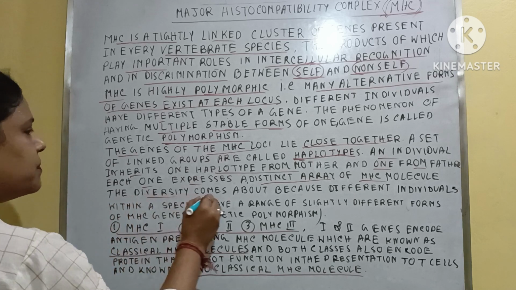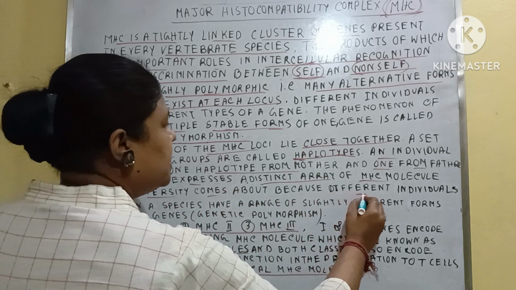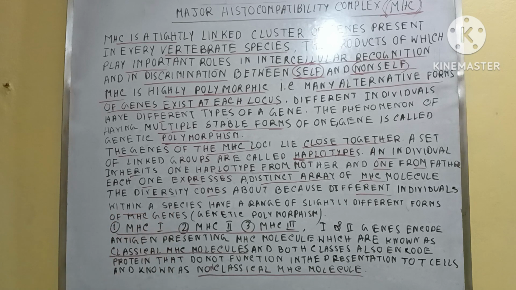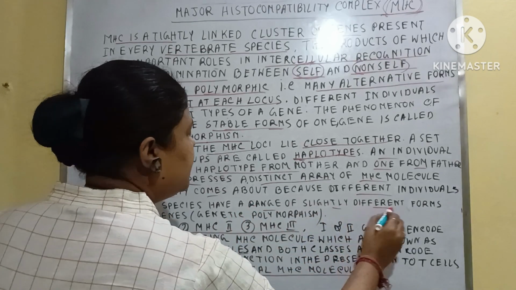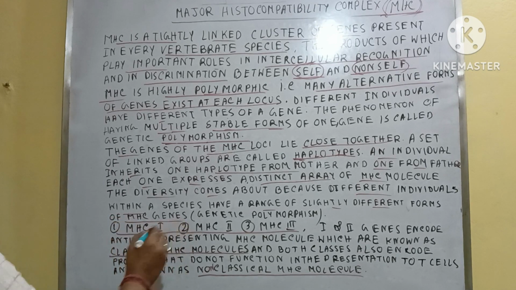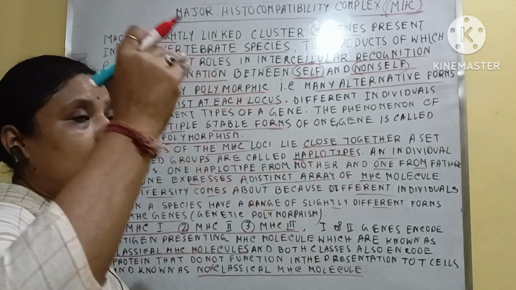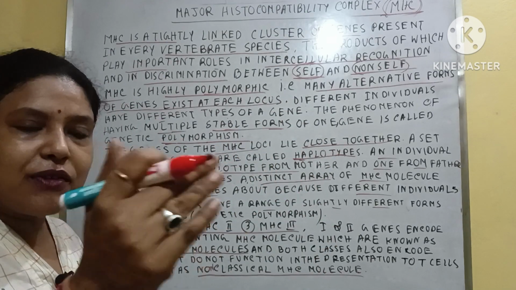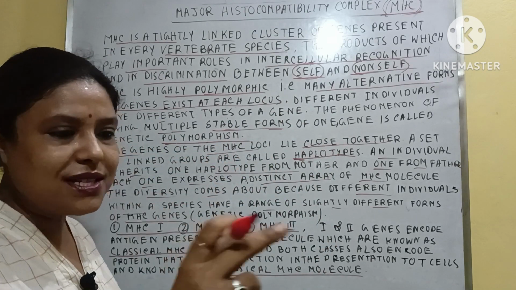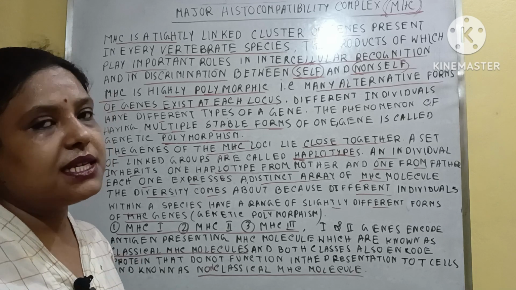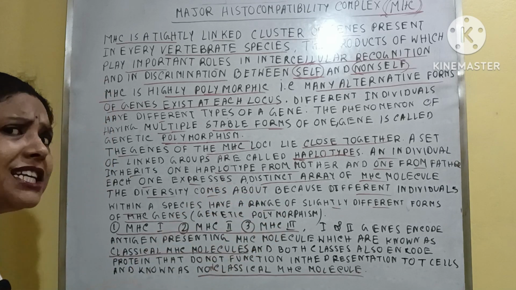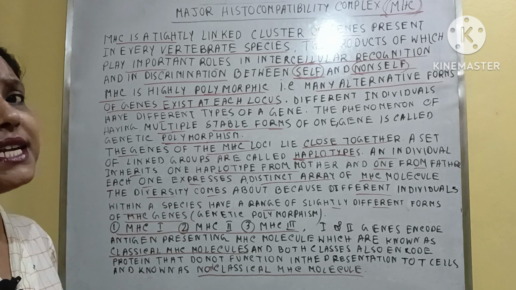The diversity comes because different individuals within a species have a range of slightly different forms of MHC genes. So why does the MHC complex differ from one individual to another? Because of the set of genes, or haplotypes, coming from the father and the set coming from the mother. That means the individual has two sets of haplotypes.